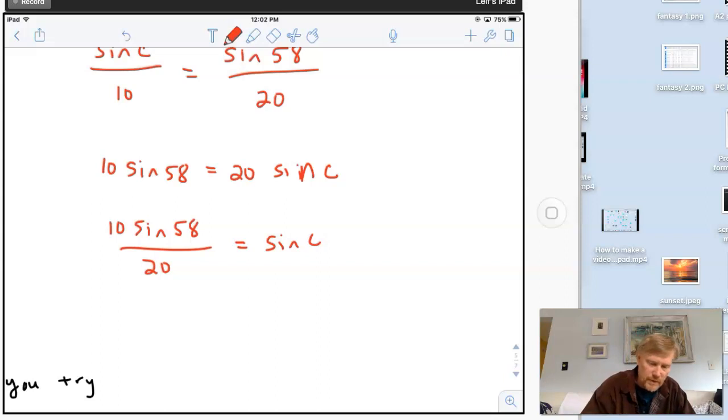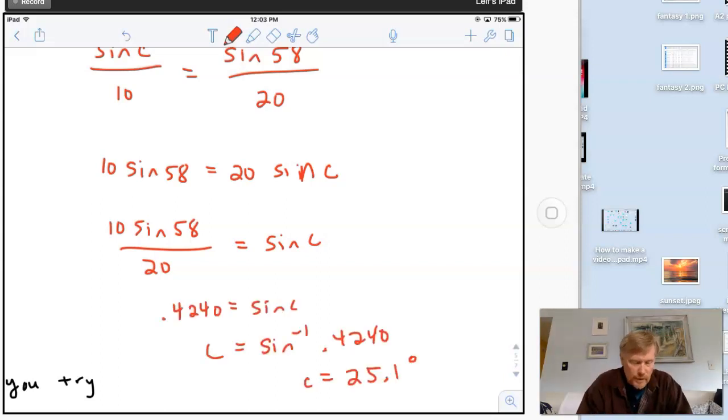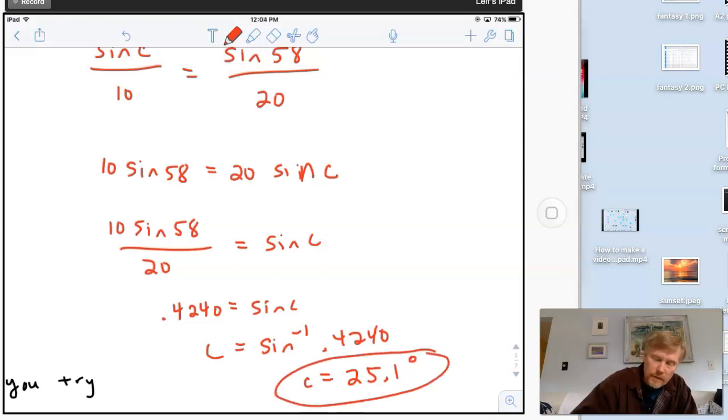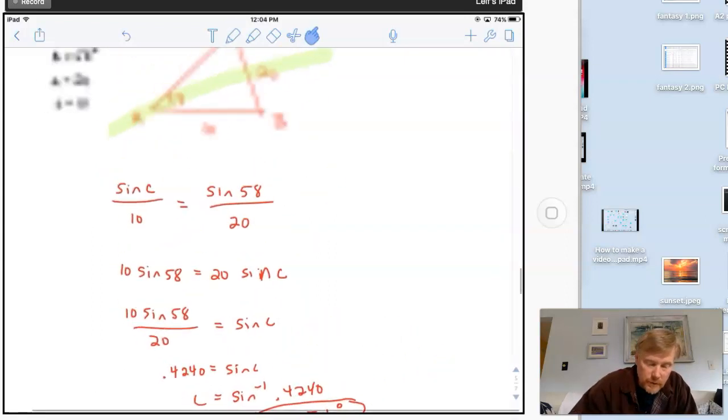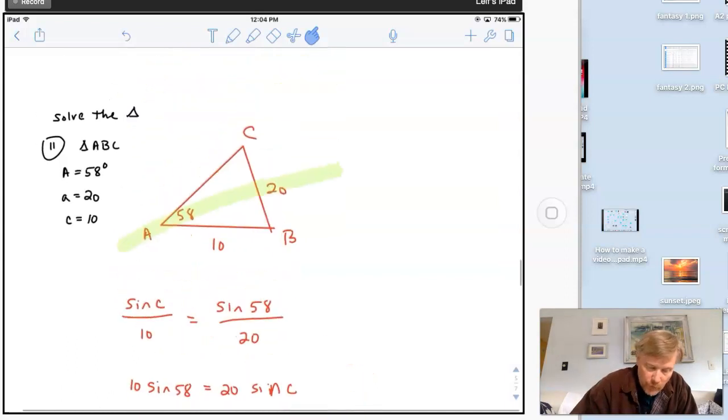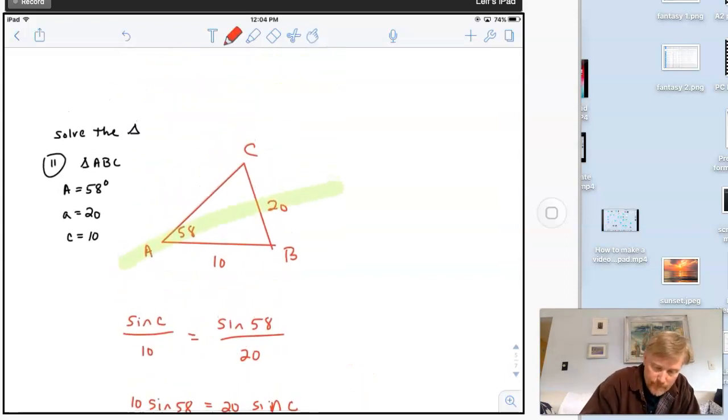When I punch that whole thing into my calculator, I get 0.4240 equals the sine of C. Then I do the inverse sine of 0.4240, and I get my answer of 25.1. If you're not getting that, make sure your calculator is in degrees, okay? So 25.1 is angle C.